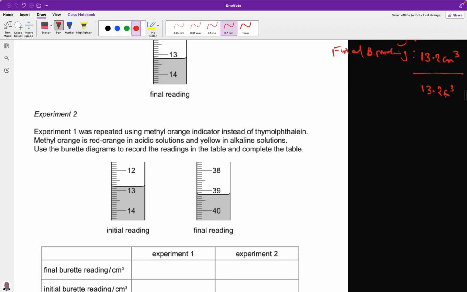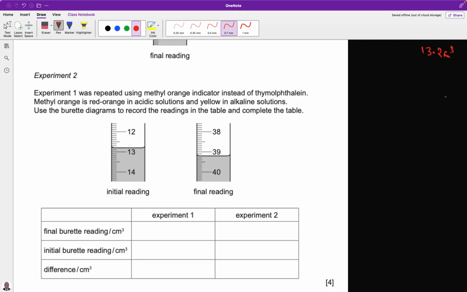Okay, experiment 2. Experiment 1 was repeated using methyl orange indicator instead of thymolphthalein indicator. Methyl orange is red-orange in acidic solution and yellow in alkaline solution. Use the burette diagram to record the readings in the table and complete the table.